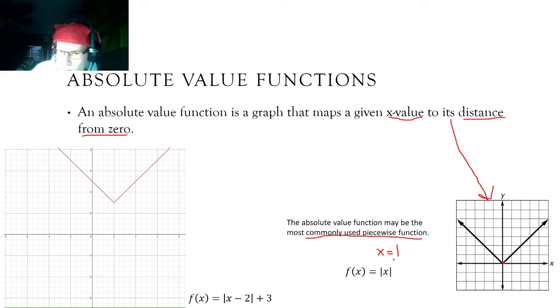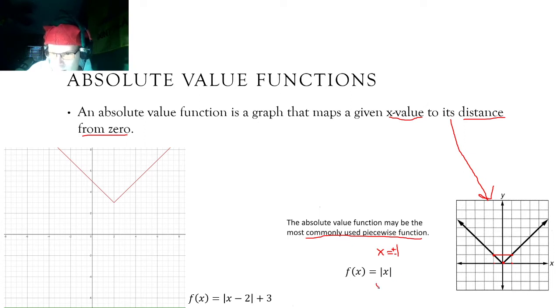What if x equals plus or minus 1? If we plug in plus or minus 1 here for x, we always get a positive 1 for y. Notice that? That's where it comes in that absolute value is always positive.